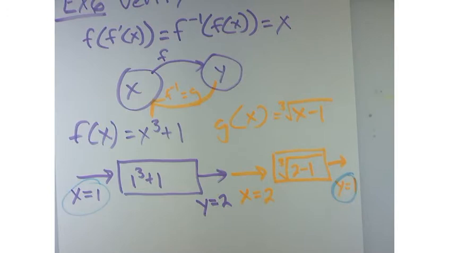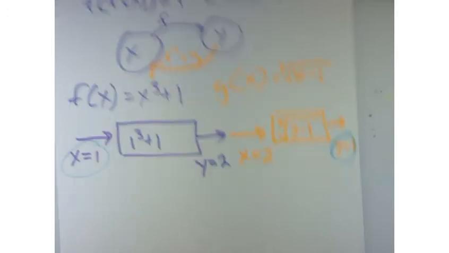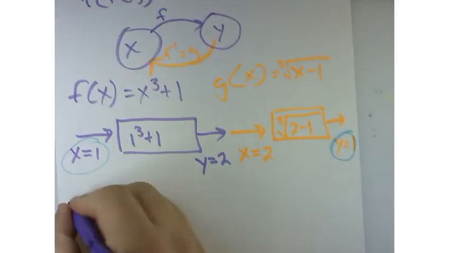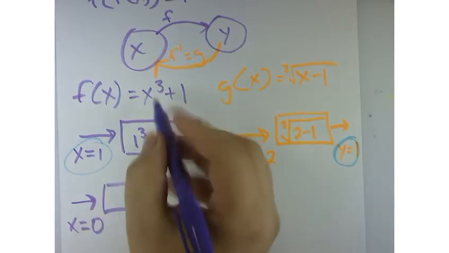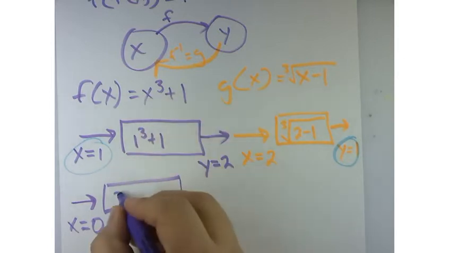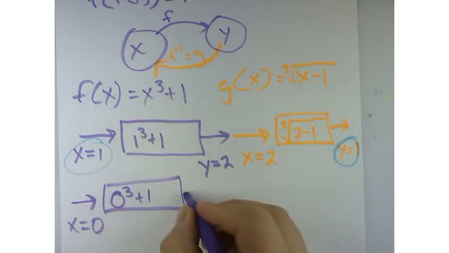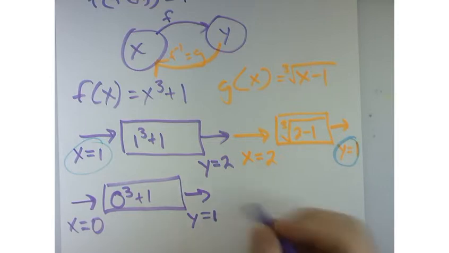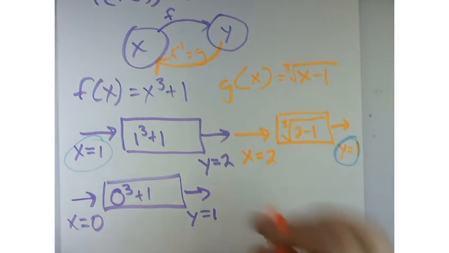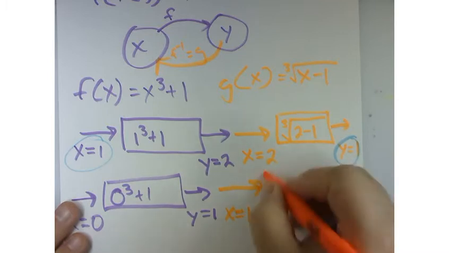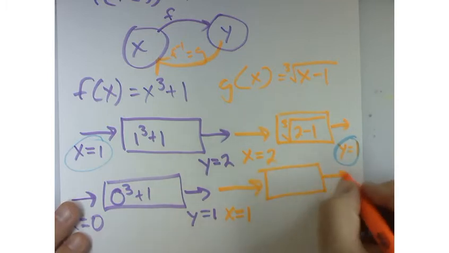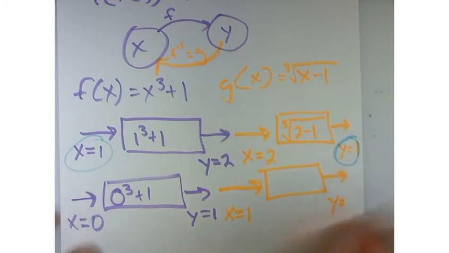Does that make sense? You say, oh, Mr. Adams, I want to believe, but I'm lacking faith. Help my unbelief. Let's do another value. x equals 0. Plug that into the function x cubed plus 1, so I get 0 cubed plus 1. That spits out a y value of 1. Now, before I even plug this in, what do we expect my y value to be? 0.